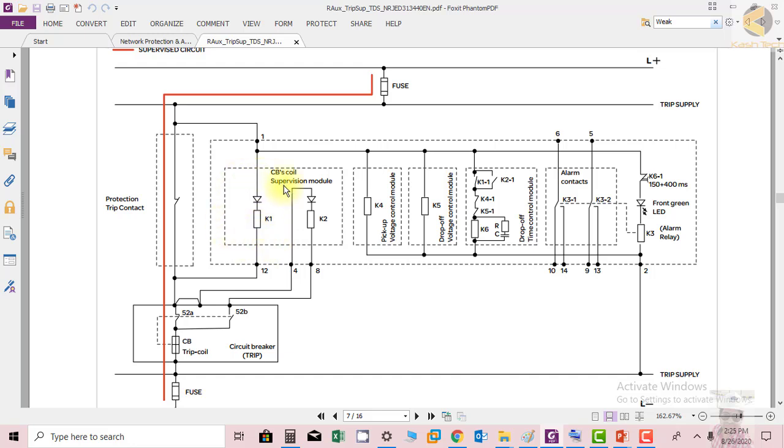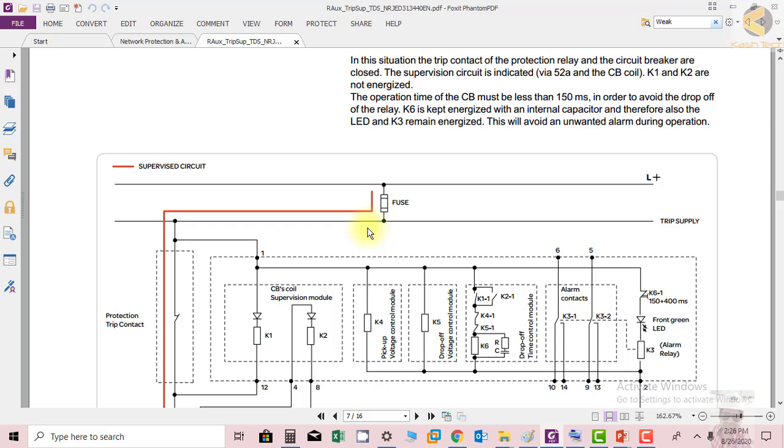Bypass means the relay K1 is short circuited and it is bypassed when the trip command is being issued. If there is not some kind of time delay here, then the K1 relay will be de-energized and it will initiate the alarm during the trip. So we will see how the relay will operate in this case.